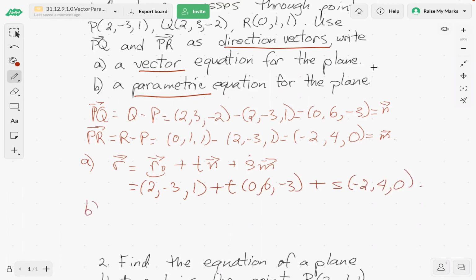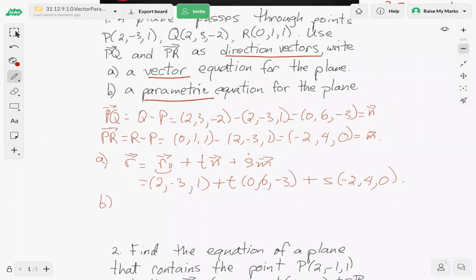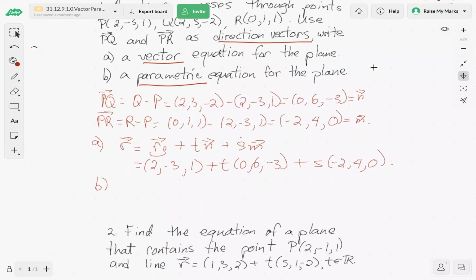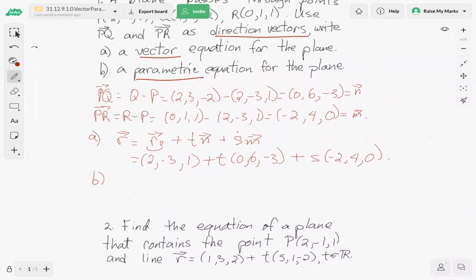Now B, our parametric equation of the plane. Let's give ourselves some more space. We're going to just take the vector equation in part A and break it up into its components.